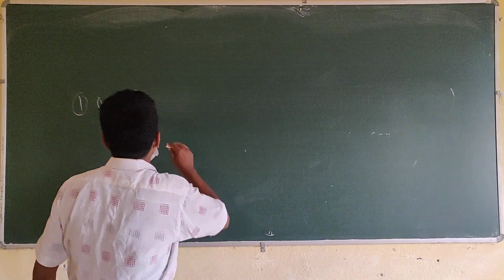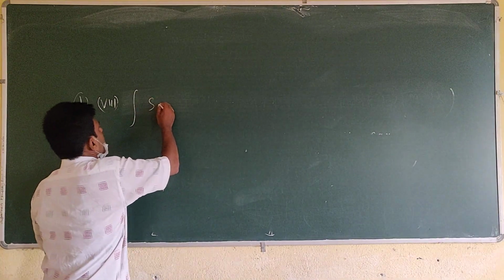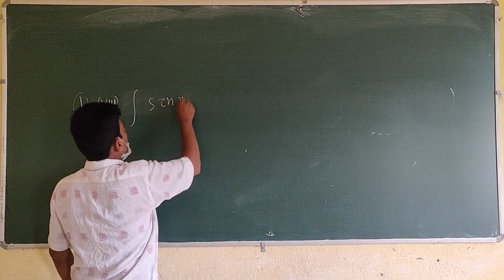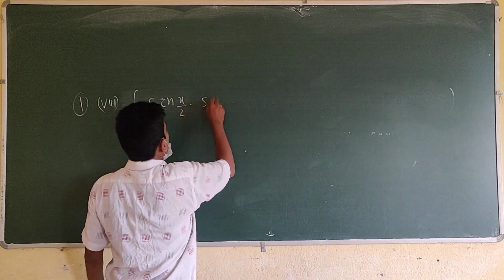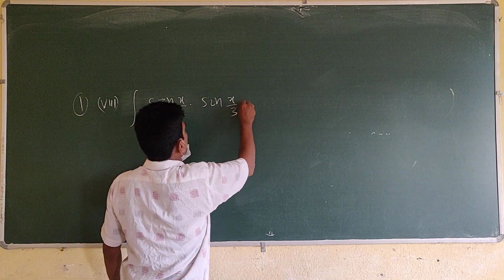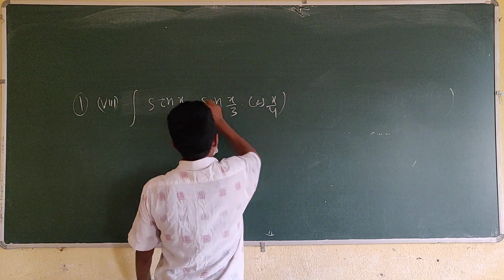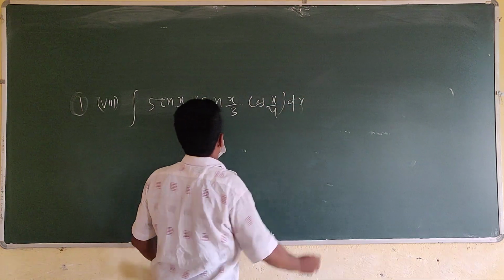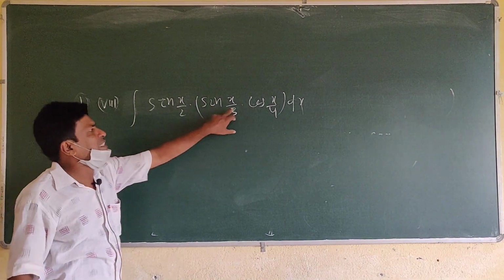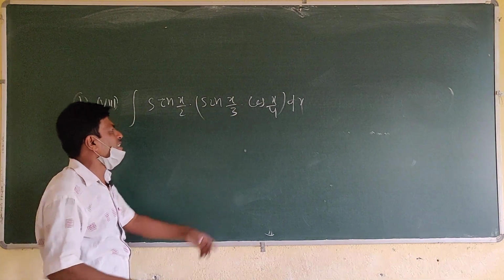Sin x by 2 into sin x by 3 into cos x by 4. You look at sin x by 3 and cos x by 4, using formula 1.